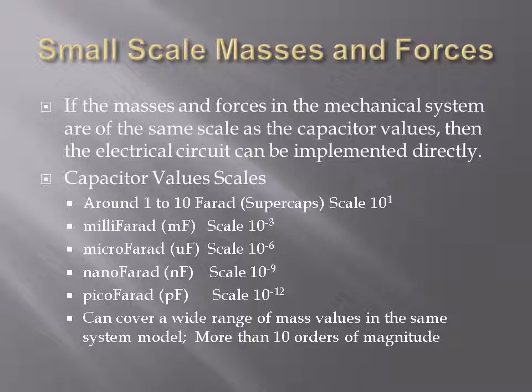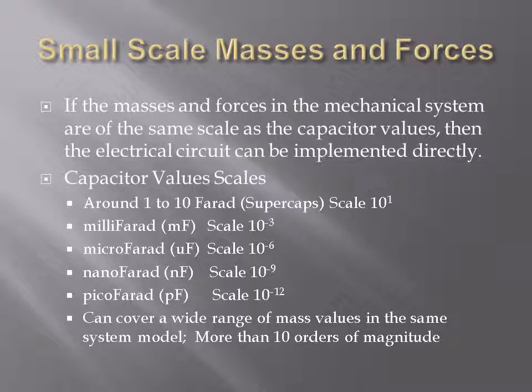Let's take a look at the table of capacitor value scales that we have to work with. We have capacitors that are around 1 to 10 farad. These are on the order of the scale 10 to 1 millifarad range. It's on the scale of 10 to the minus 3.